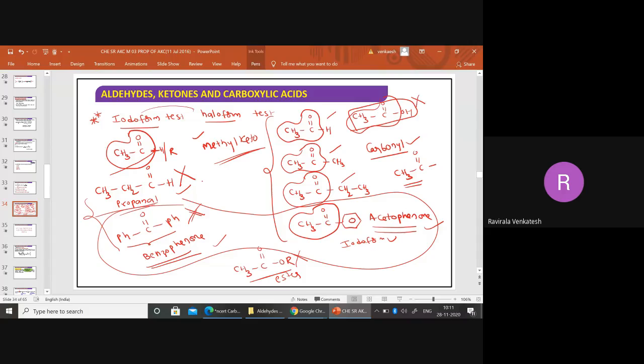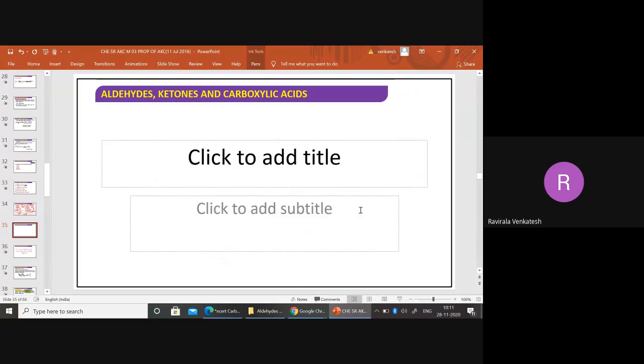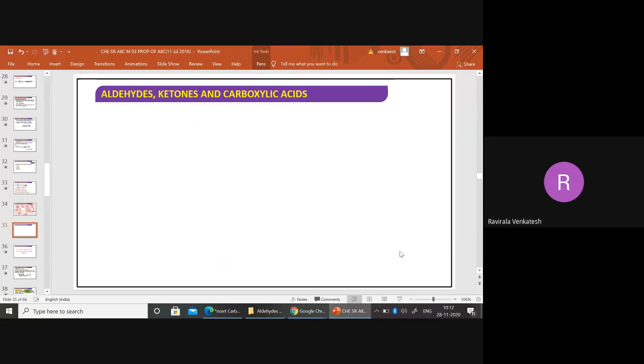Now here, one exception is there. What is that exception when you see here? Now, the exception is ethyl alcohol, CH3CH2OH.